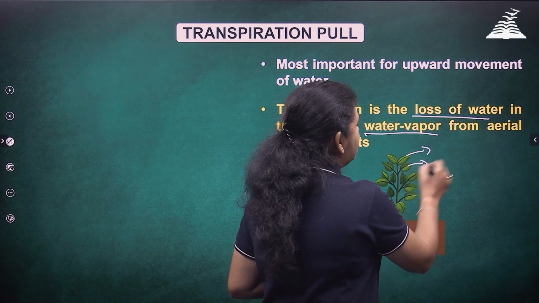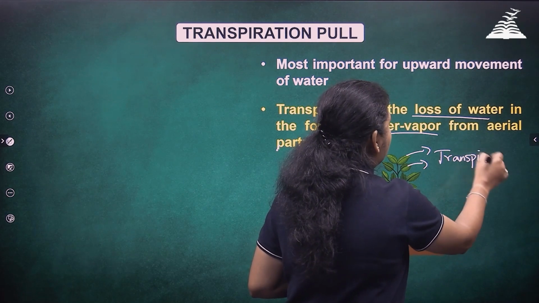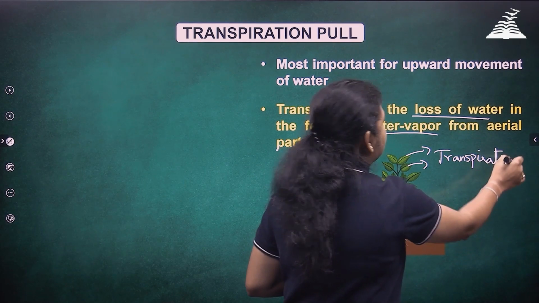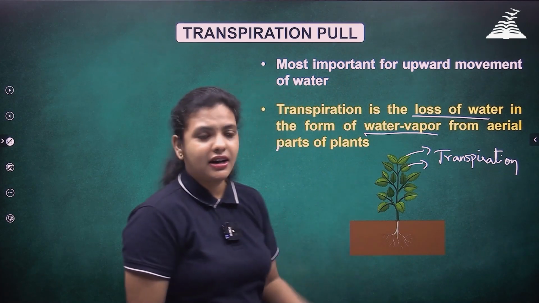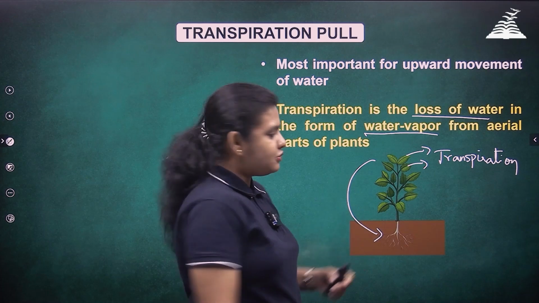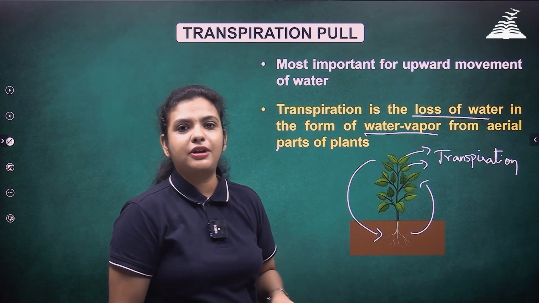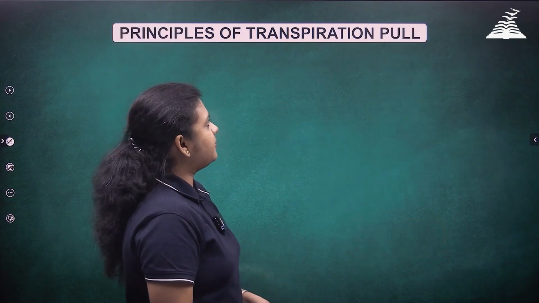So here through the leaf water loss is happening, and that phenomenon is called transpiration. Then what happens? Plants become tired and they will tell the roots, absorb more water. Now roots will absorb and give it to all the parts. That's a very, very simple concept of transpiration.